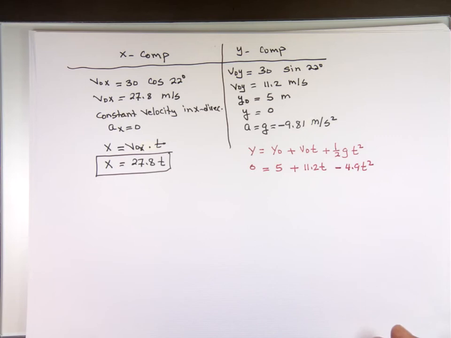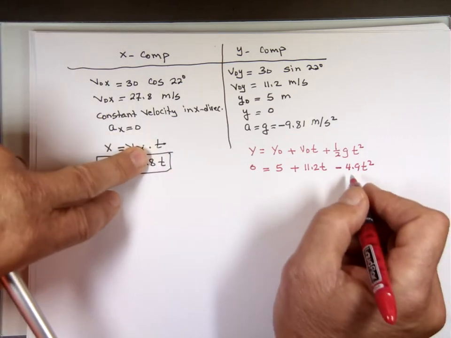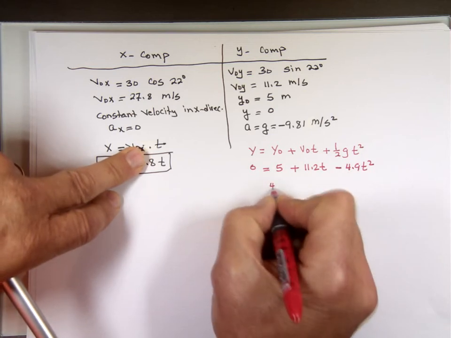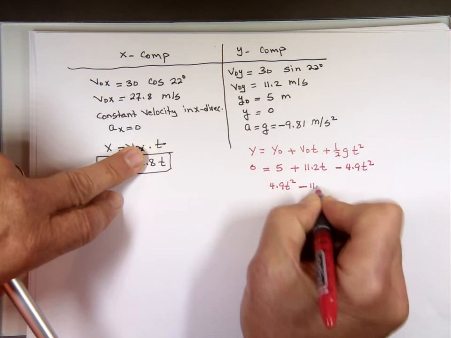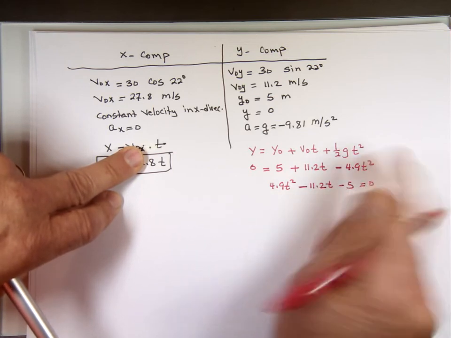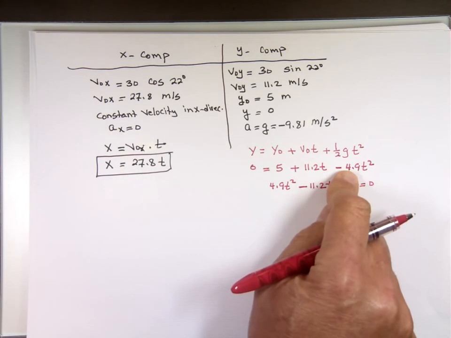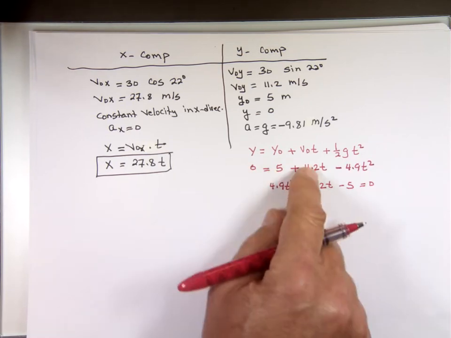If you reshuffle this, you can say it's 4.9 t squared minus 11.2 t minus 5 is equal to 0. I don't like to start the square with a negative, that bugs me, so I multiply everything by negative 1. That becomes a negative 5, that becomes a negative, that becomes a plus.